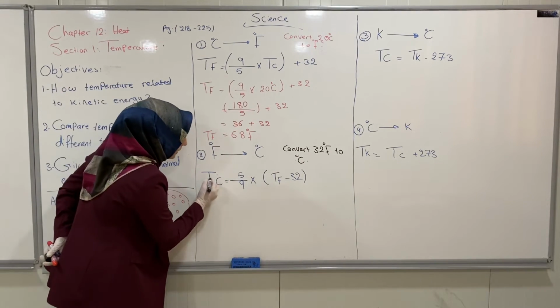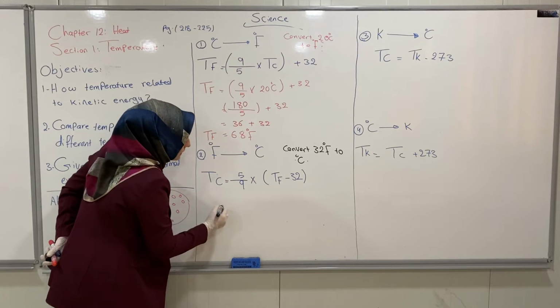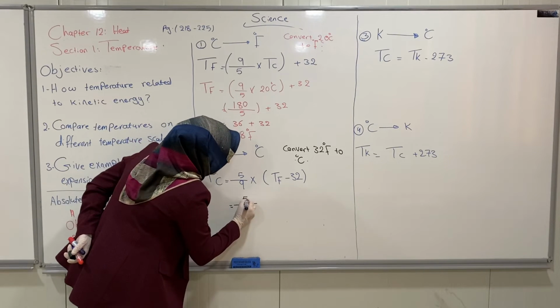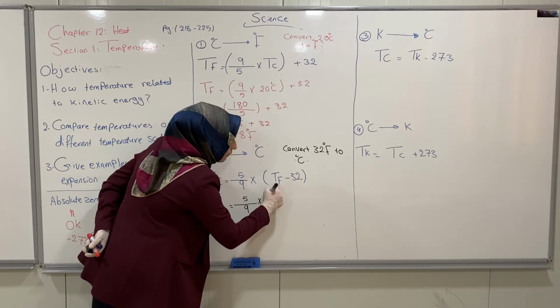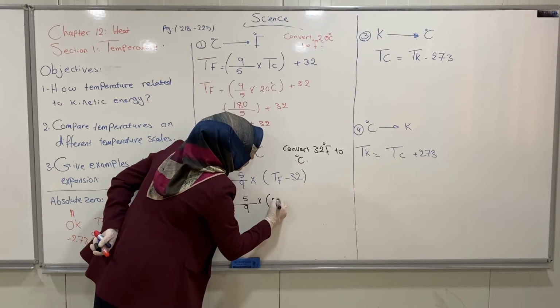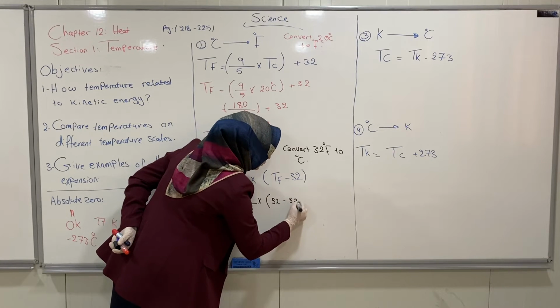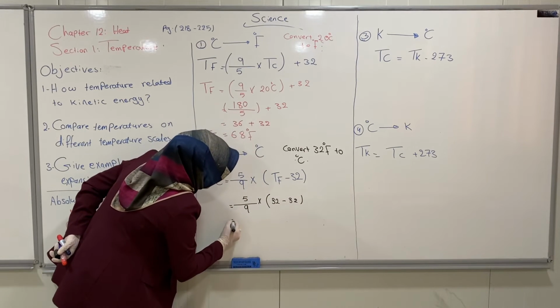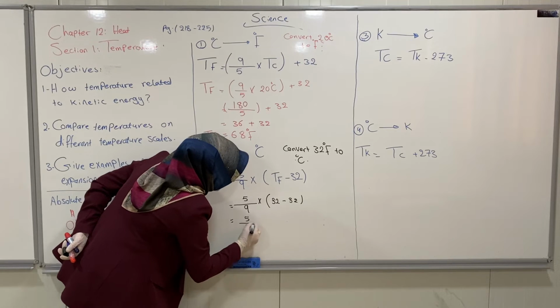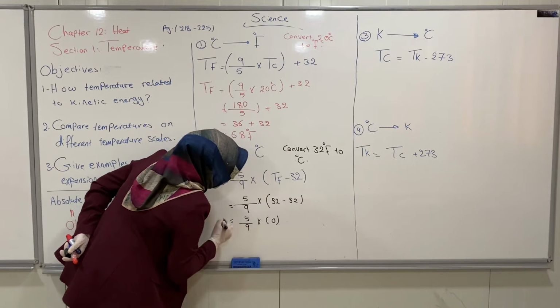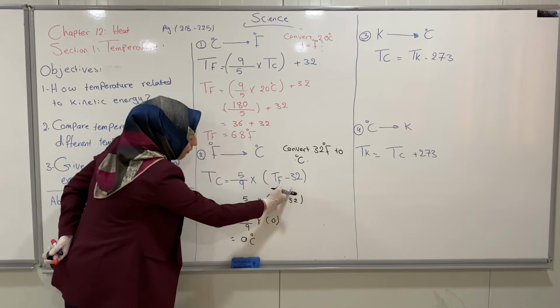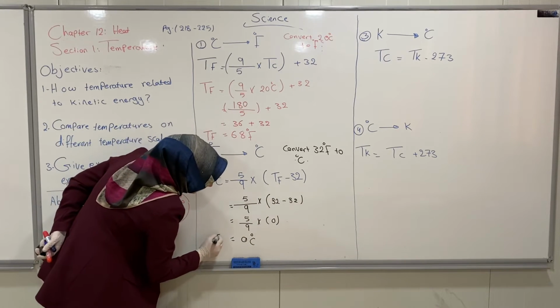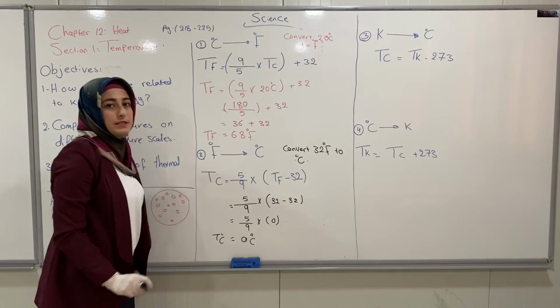You write the temperature of Celsius equals 5/9 multiplied by the temperature of Fahrenheit, 32 minus 32, which equals 5/9 multiplied by 0. 5/9 multiplied by 0 equals 0. So 32 Fahrenheit equals 0 Celsius.